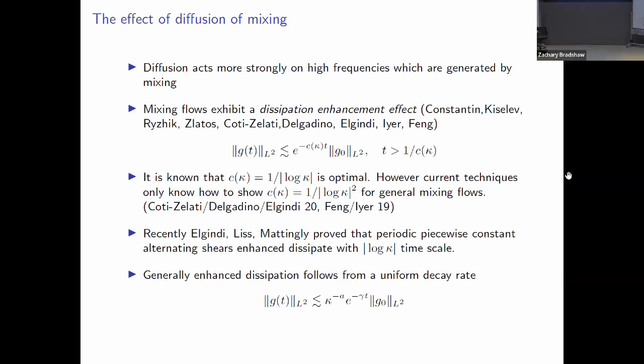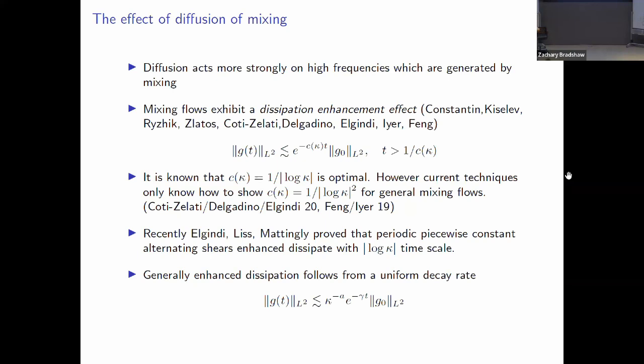So as we've seen before, mixing, if I add a little bit of diffusion onto it, has an enhanced dissipation effect. So there's quite a lot of people who've studied this effect, but generally speaking, I'd say that if I study the decay of the scalar in L2, if I at least wait long enough in time, I see a rate, let's say c(kappa), which is faster than what you would get naively with the heat equation.